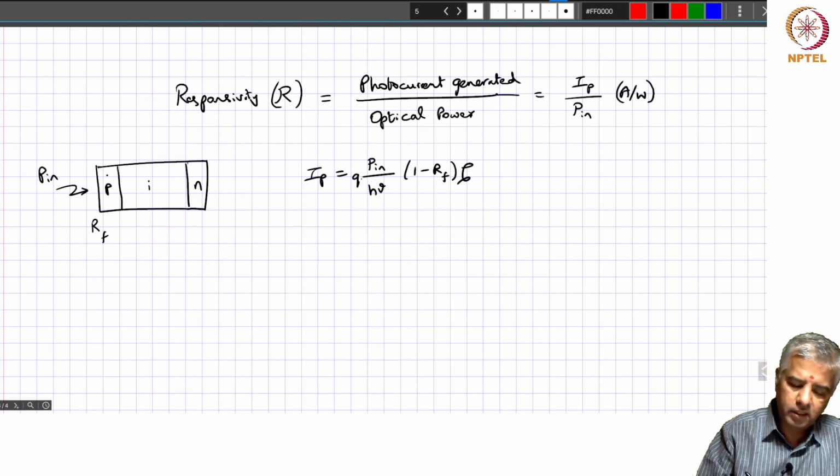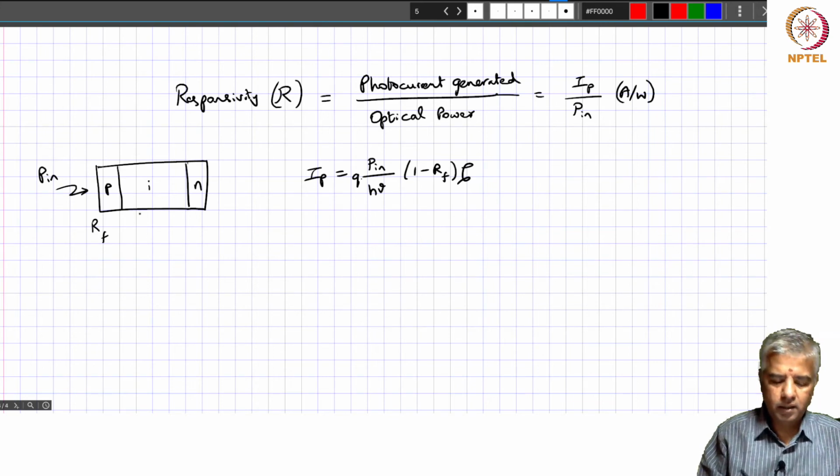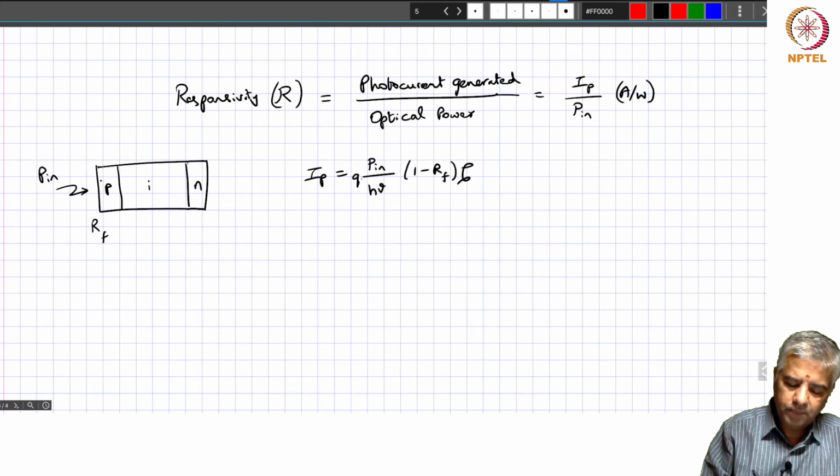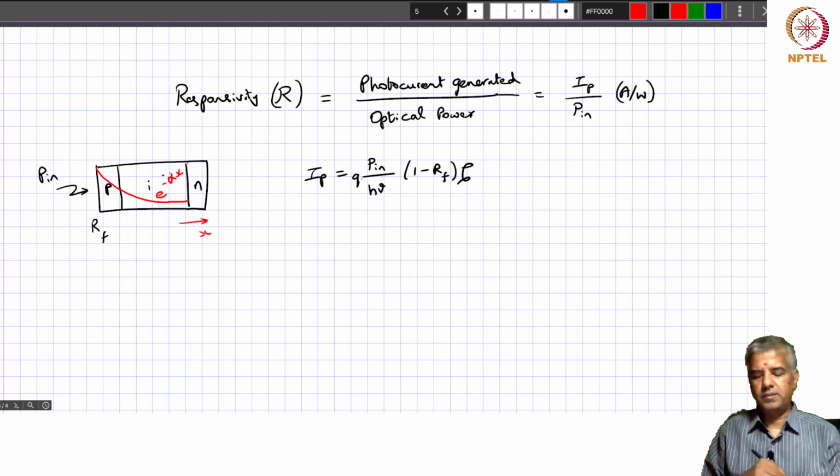So you have a certain uniform absorption that's happening across this structure. So the power that gets absorbed is expressed as e power minus alpha. Let's say this direction is x, so e power minus alpha x.